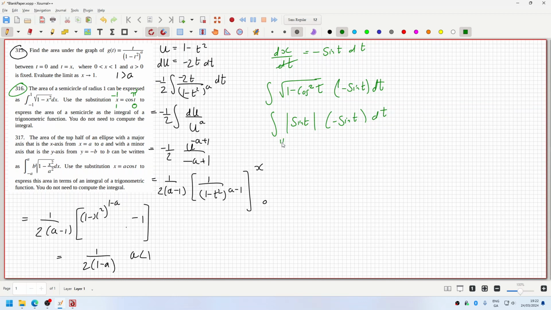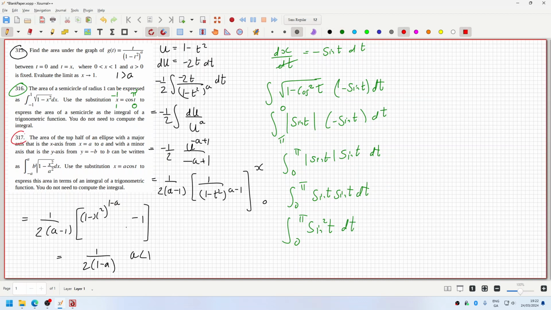So that would be pi to 0, or 0 to pi, and then we get to flip the sign, sine t and sine t. But the good news is sine t is positive between 0 and pi, so we can drop the modulus. So it just becomes the integral from 0 to pi of sine squared t dt.